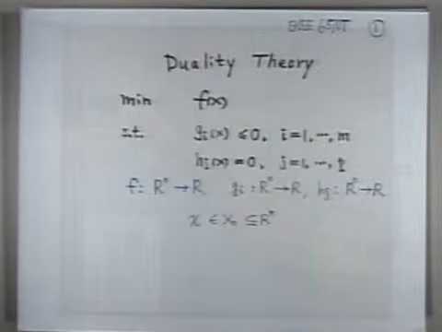Just for convenience, I want to say this decision variable x is an n-dimensional vector that includes x1, x2 through xn.